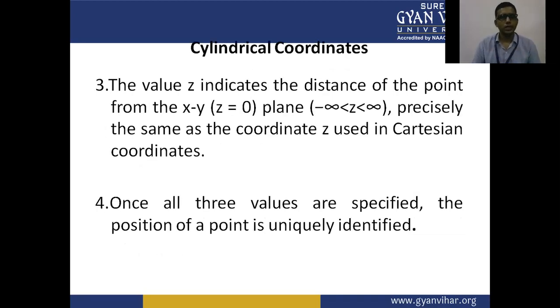Next value is the z, which indicates the distance of the point from the xy plane. That is, the equation for the xy plane is z equals 0, with z varying from minus infinity to infinity, precisely the same as the coordinate z used in the Cartesian coordinate system.